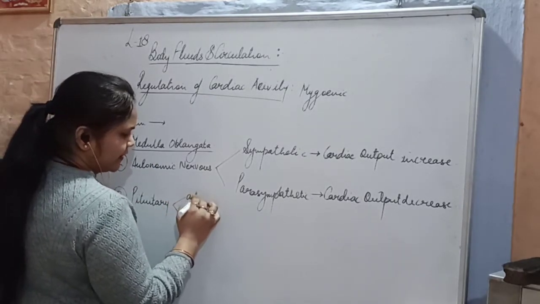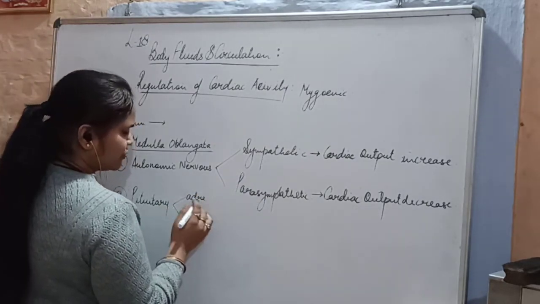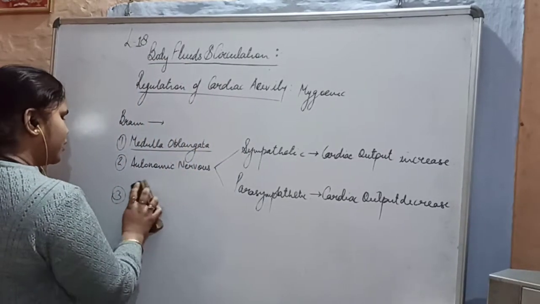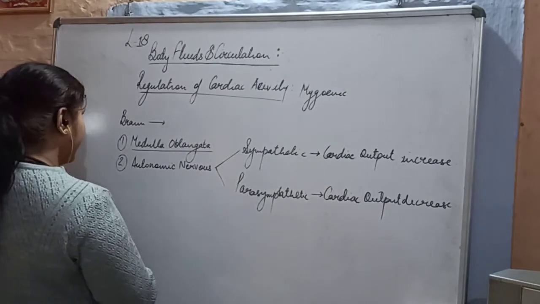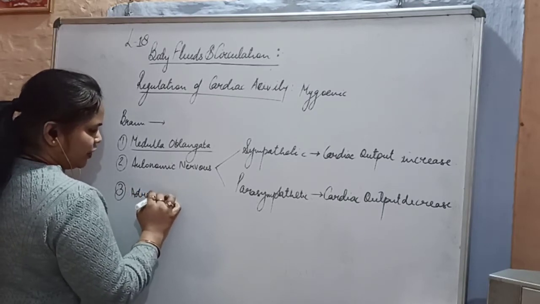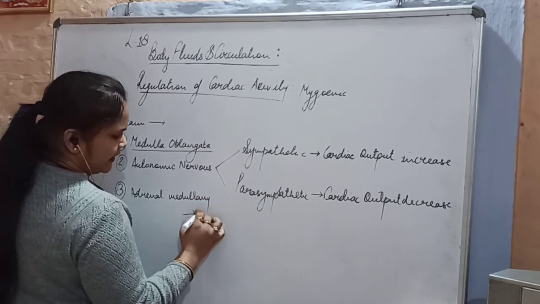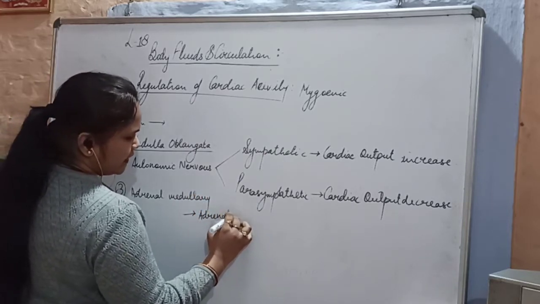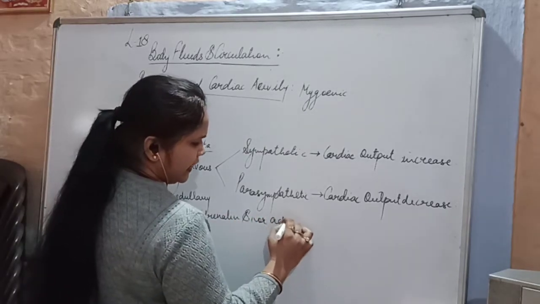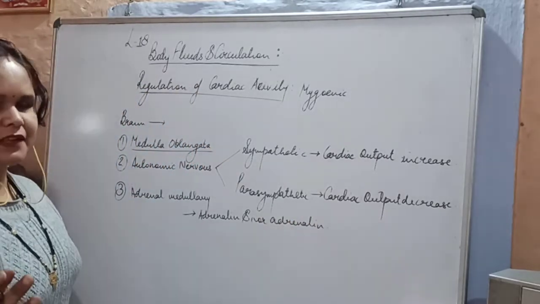Actually these are adrenal medullary hormones, not pituitary. The adrenal medullary hormones produce adrenaline and noradrenaline, and they also regulate the cardiac activity.